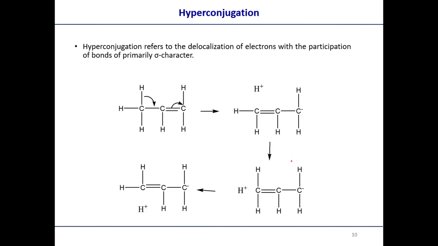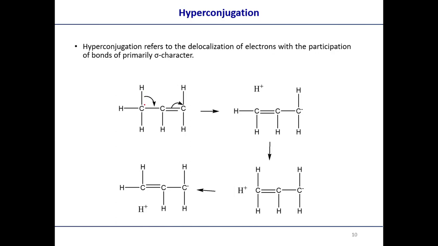Again, if you move here, you can see again these two structures are the same, but apart from breaking this bond, you can break this bond also. So this is also a possibility, and the third possibility is also there. This pi bond is moving here, but because the pi bond is not moving when bond breaking takes place, this carbon carries a negative charge, because carbon is more electronegative compared to the proton.